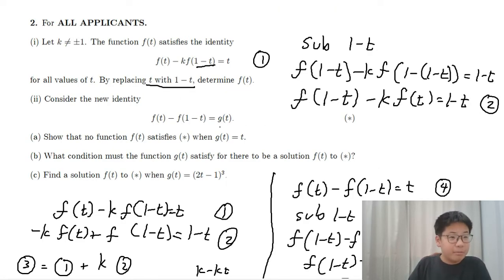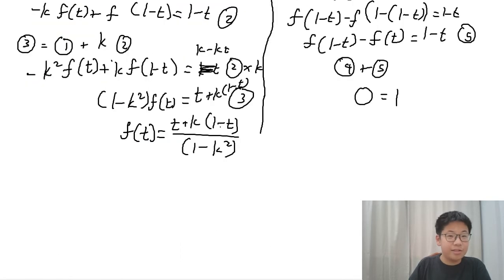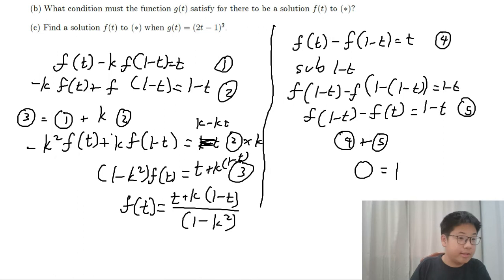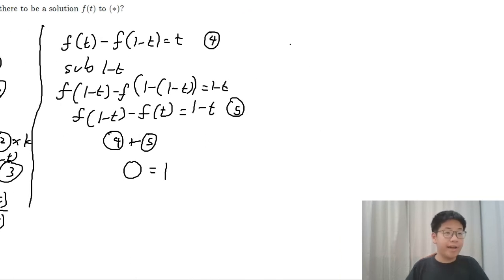What condition must the function g(t) satisfy for there to be a solution f(t) to the star equation? Let us use equations 4 and 5 again, except we would put a g behind the t. Why? Because we had set it to t previously, but this is just as easy as substituting g(t).